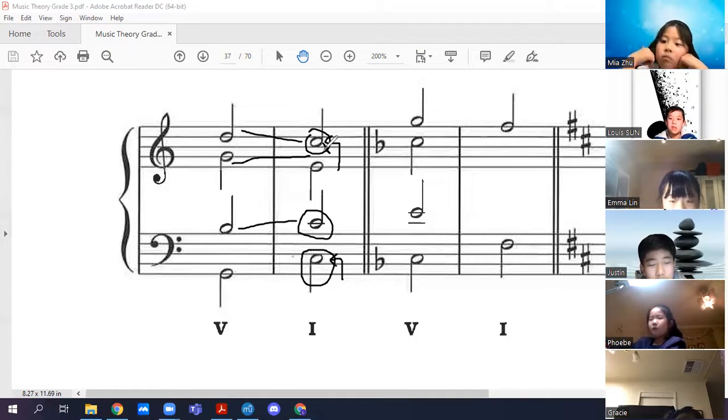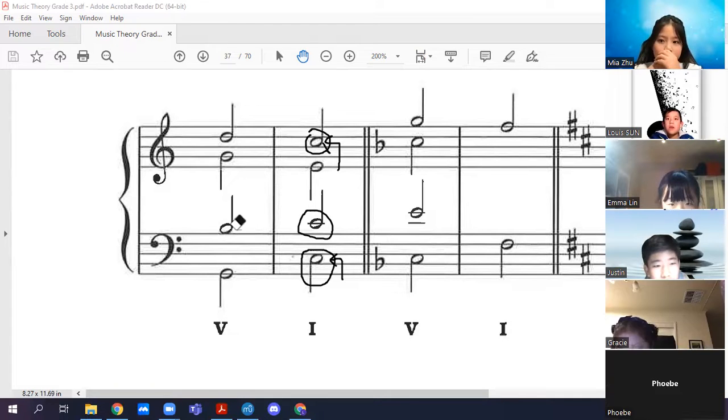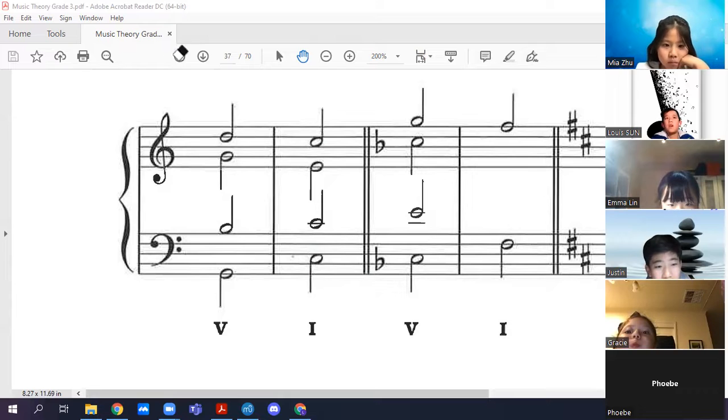Make sense? Okay. So triple the root, leave the third, make sure there's still that leading note to tonic, preferably in the alto, and yeah. So anyone want to try their own?